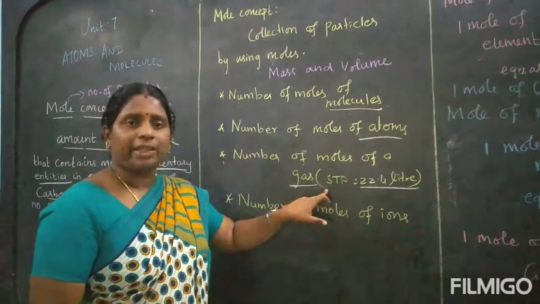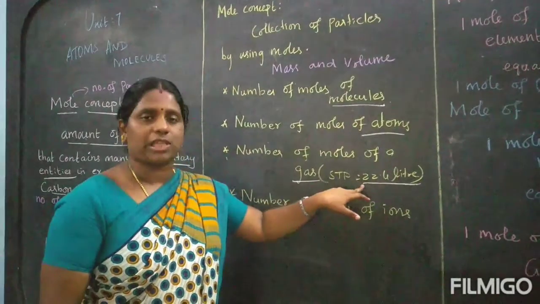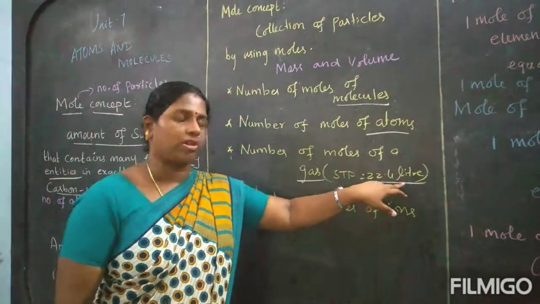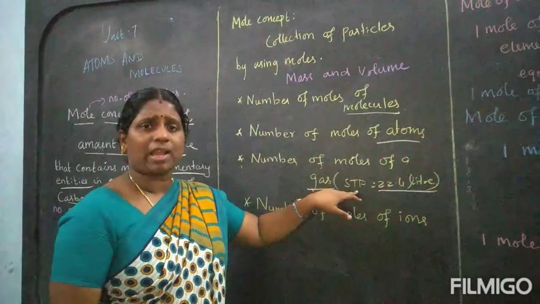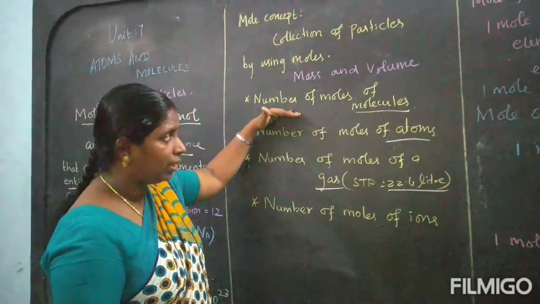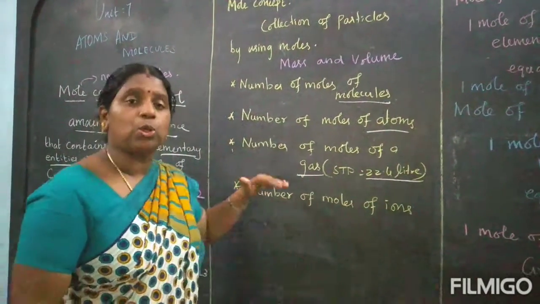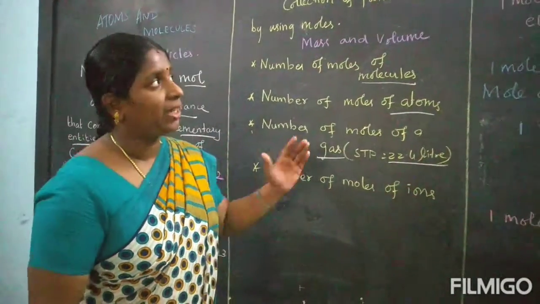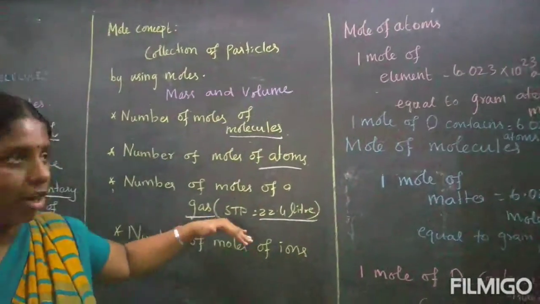In gas, the standard temperature and pressure volume is 22.4 liters. We use this standard temperature pressure in some other calculations. So we need these types of data to calculate the amount of substance. Let me see each term in elaborated form.